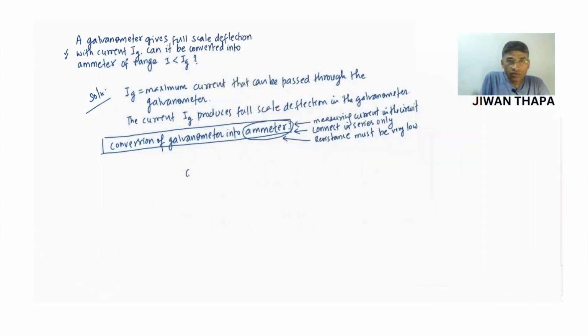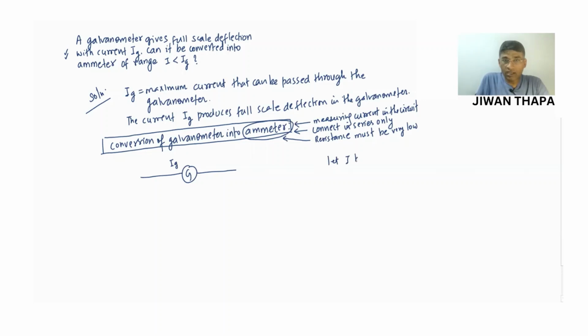So we have a galvanometer, okay? Now the maximum current that can pass through the galvanometer is Ig, and we want to change this galvanometer into an ammeter which can measure current greater than Ig. So I'm writing in this way.